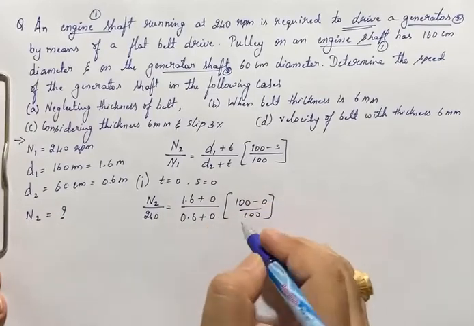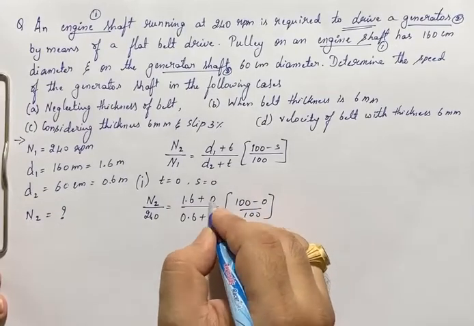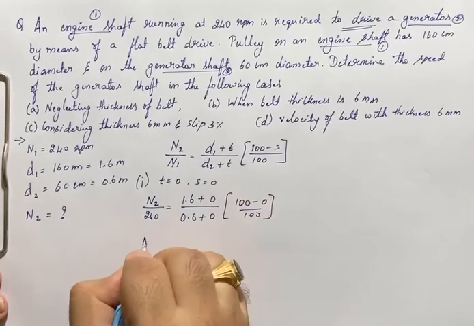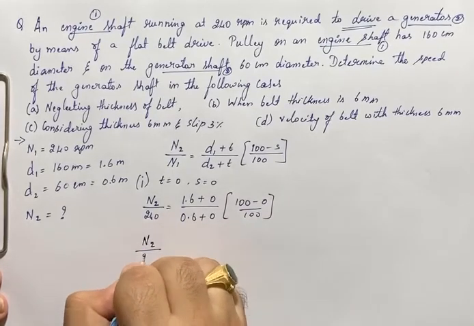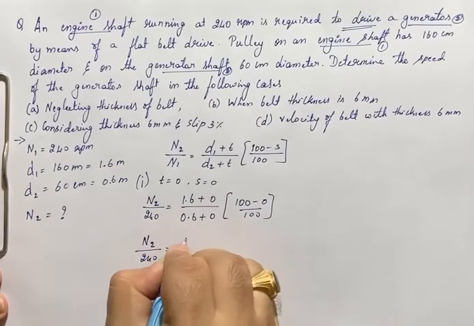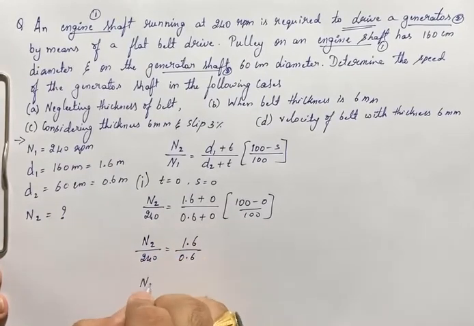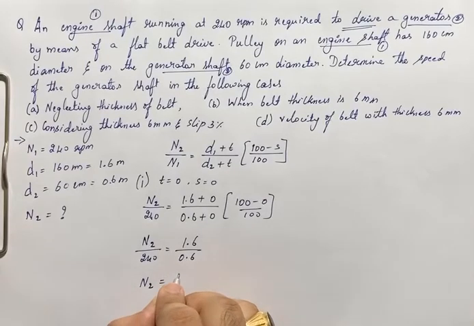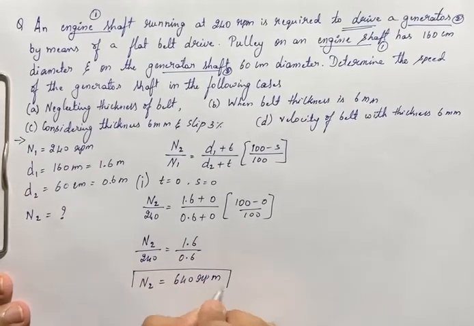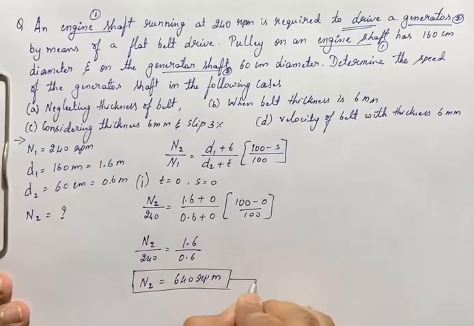So this term becomes 1, and only N2 by 240 is equal to 1.6 divided by 0.6. So I'll get N2 as 640 RPM. This is for case 1.